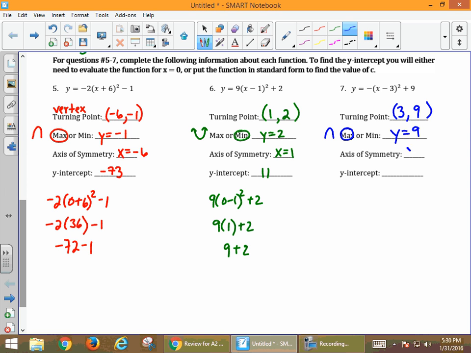The axis of symmetry is x equals 3, and the y-intercept, -0 minus 3 squared plus 9. -3 squared is 9, plus 9 is 0. And that concludes page 1.